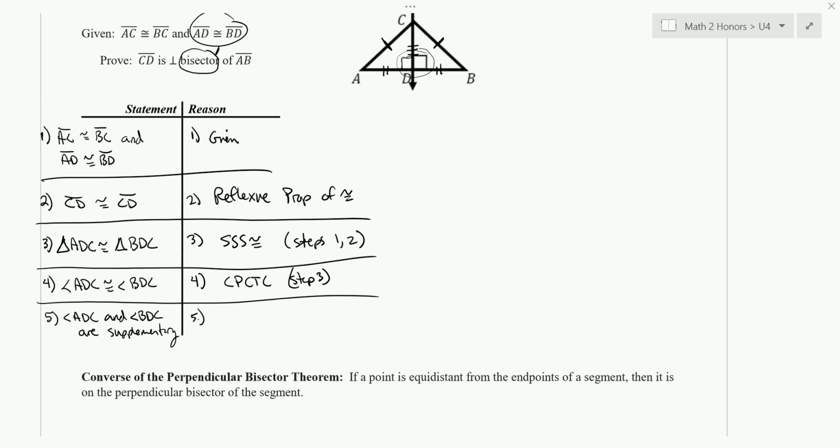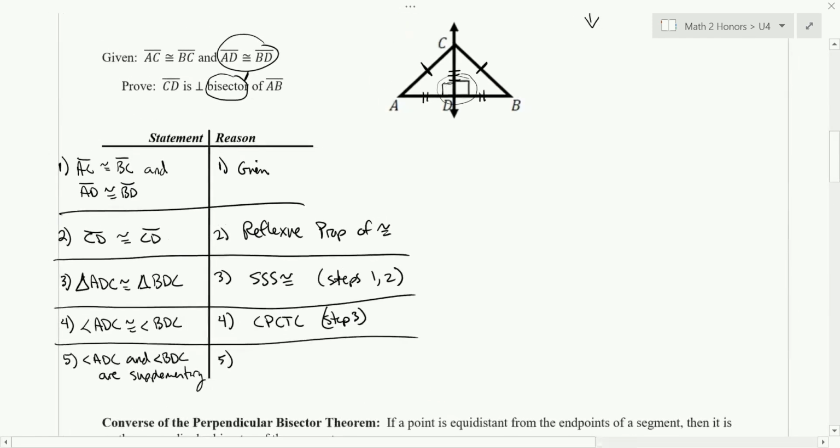And if anybody can help out too, that's nice. But anybody remember? Close. Yeah, it has to do with linear pair. It's not a definition though. Yeah, it's a theorem that says that two angles that form a linear pair are supplementary.